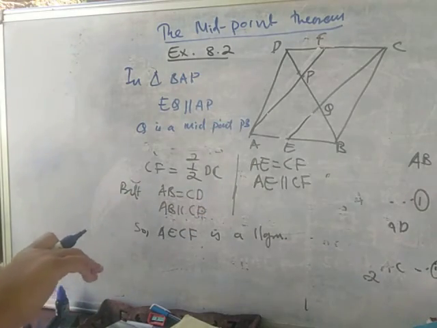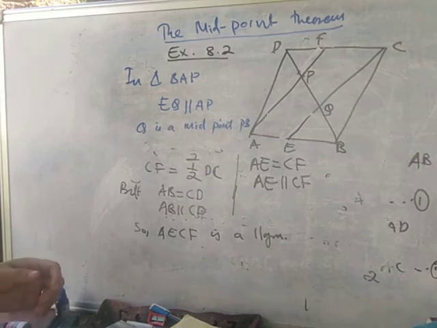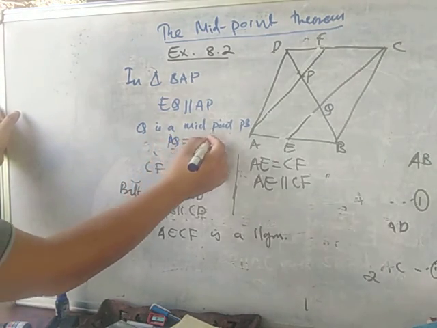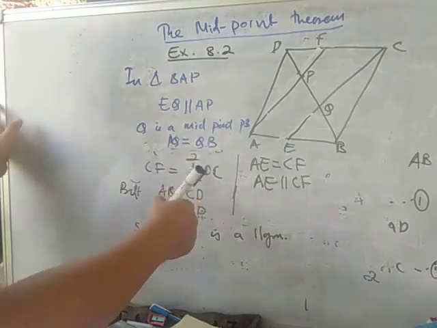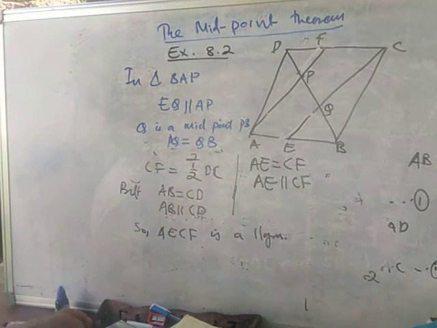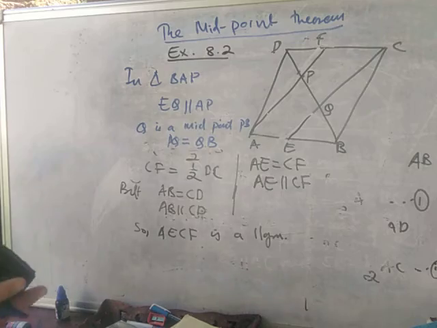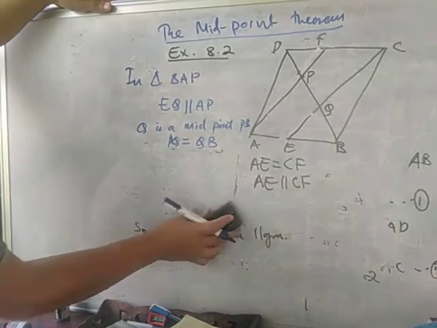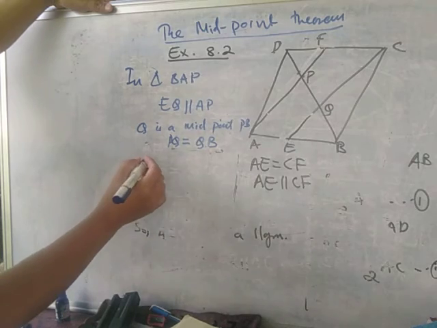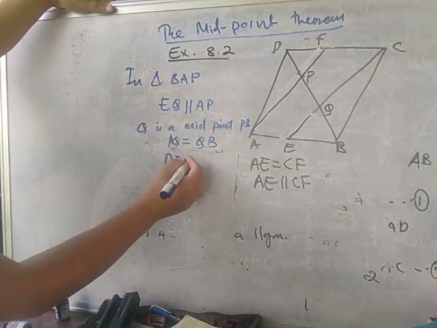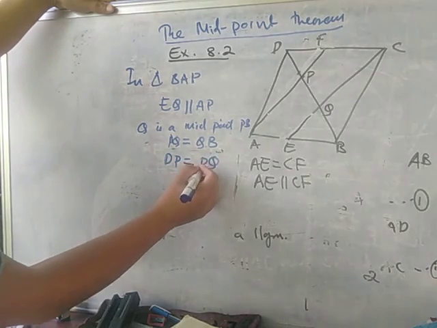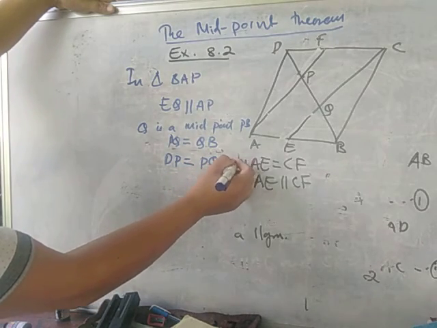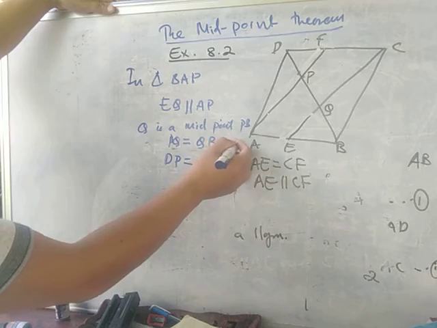Now next, PQ equals QB, since Q is a midpoint, isn't it? Similarly, take triangle DCQ, then those are also equal, so you'll get DP equals PQ, isn't it? This is your fourth, this is your third.